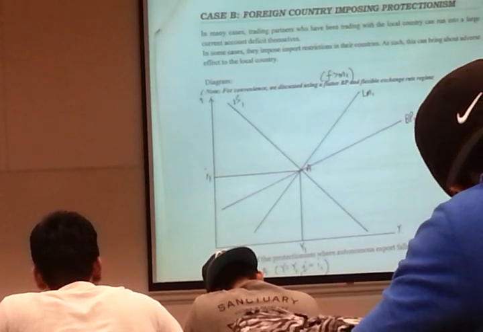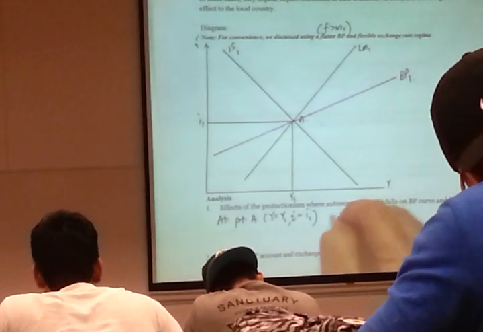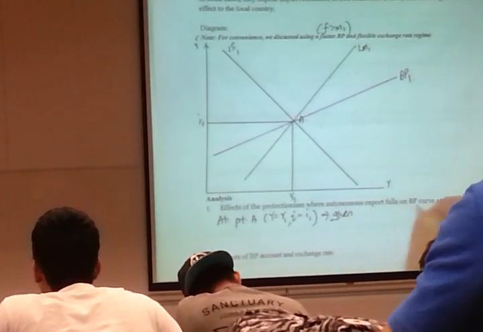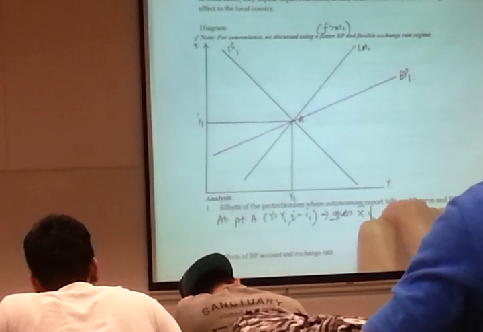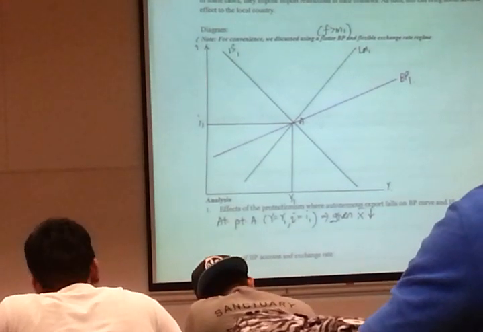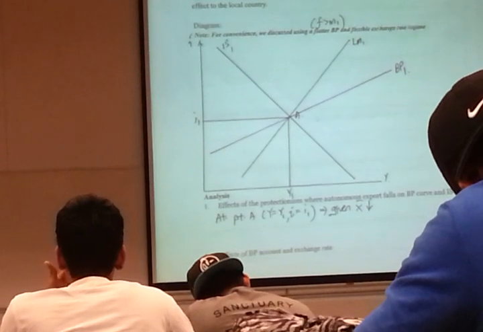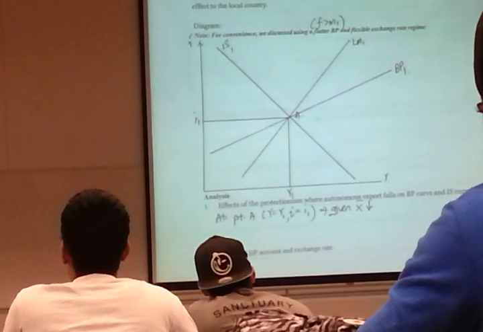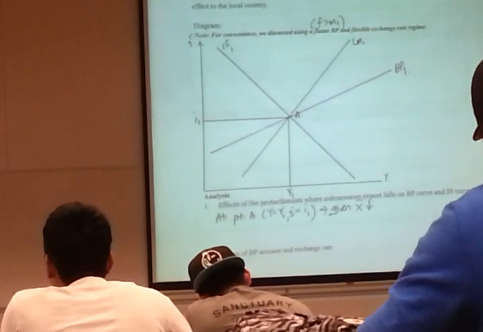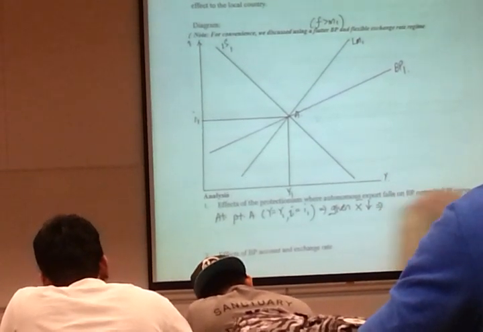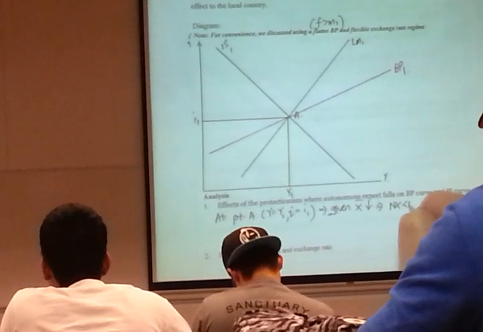But you are told that your X bar drops. You were informed that your contracts to sell to the US have a limited amount. You cannot sell as much. So X bar drops, and that tells you, therefore, NX is negative.